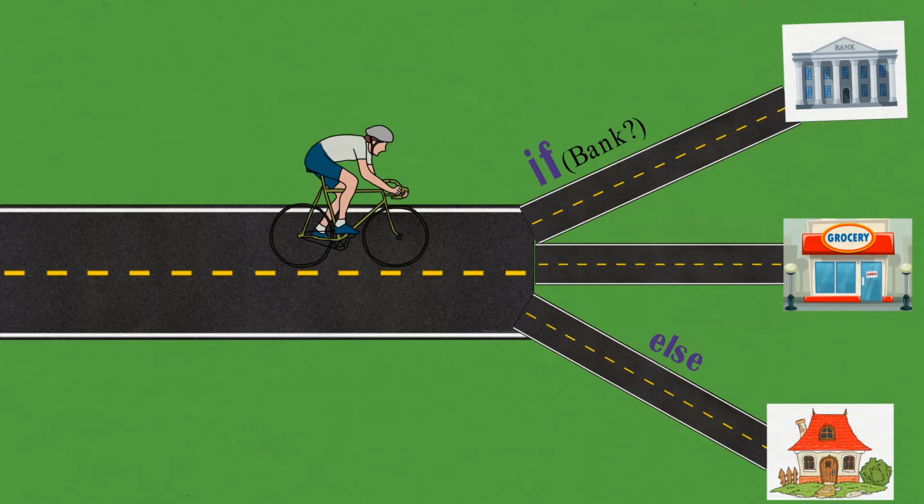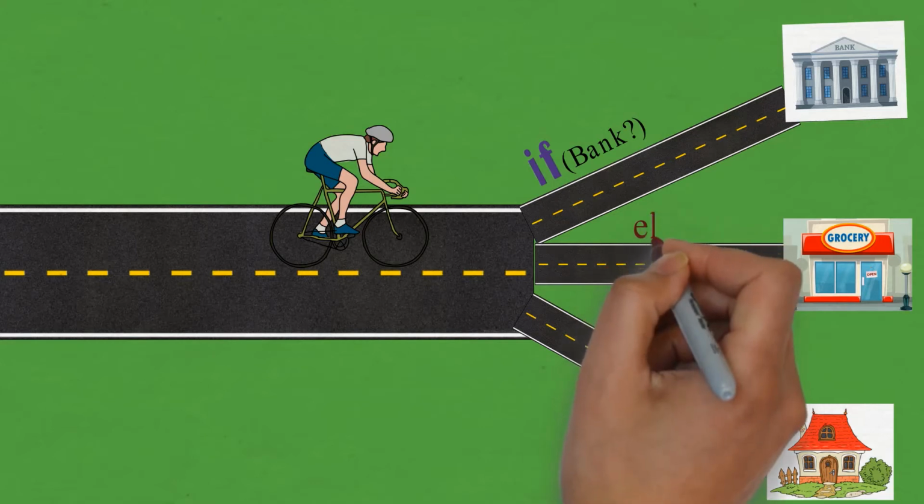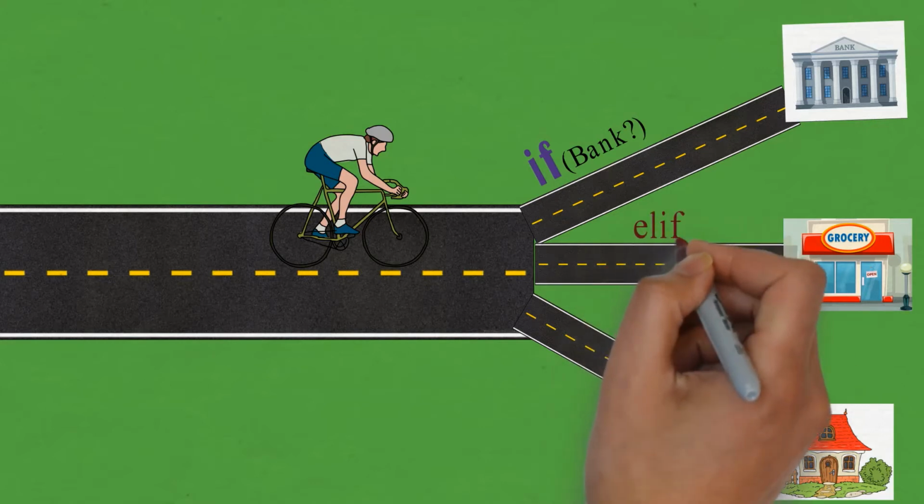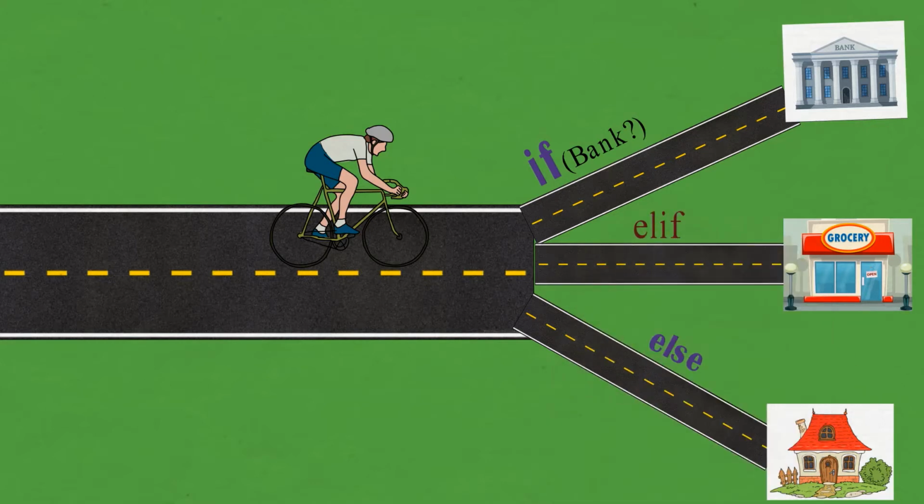As grocery would generally be considered more important than chilling at friend's house, but quite less important than bank, what we can do is put that grocery in between bank and the friend's house using elif. So elif is short for else if.